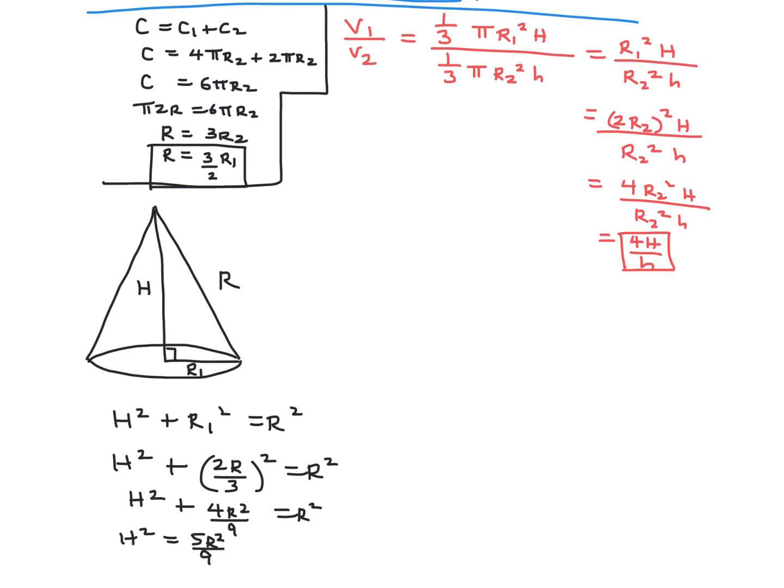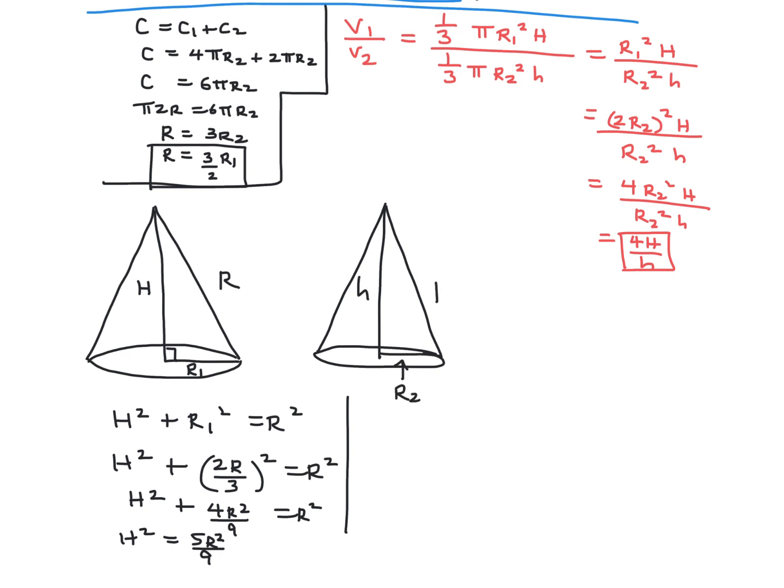Okay. And I'm going to try to do the exact same thing for the smaller cone, where it would be small h, and this would be r2, and this would still be r. So it would be h squared plus r2 squared is equal to r squared. Where's that formula between r2 and r?